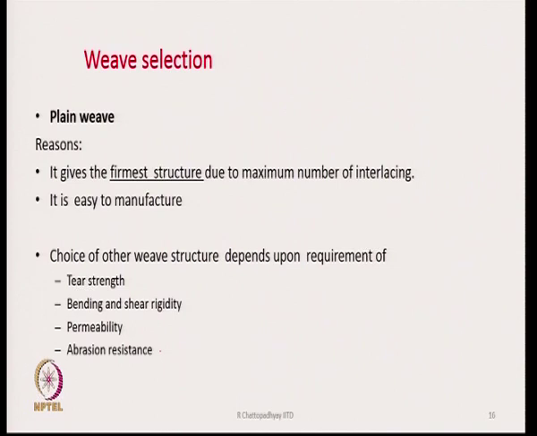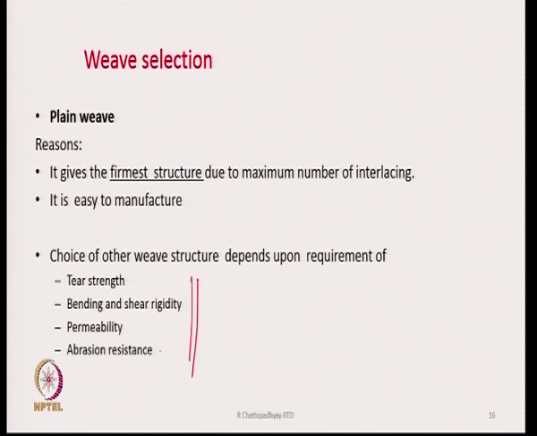That is, if we switch from plain weave to twill, or twill to sateen, or different types of twill, or basket weave, these properties of the fabric are going to change.